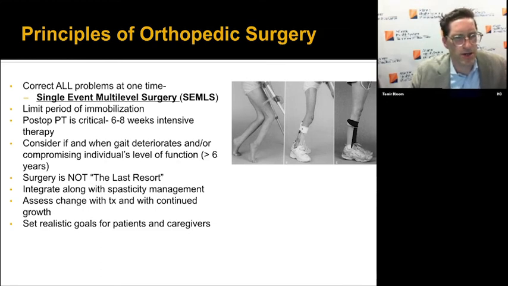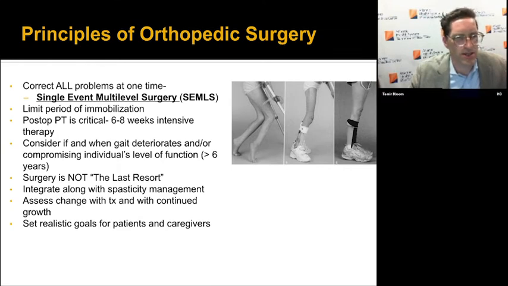We consider performing our surgical intervention when gait begins to deteriorate or compromises the individual's level of function, and this usually is no earlier than 6 years of age. We have gone away from thinking of surgery as a last resort or a failure of Botox or casting or other interventions.